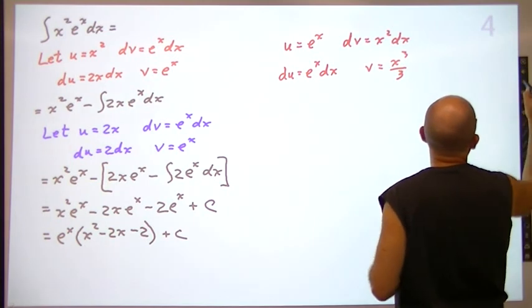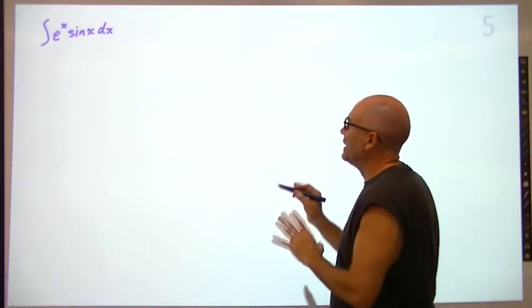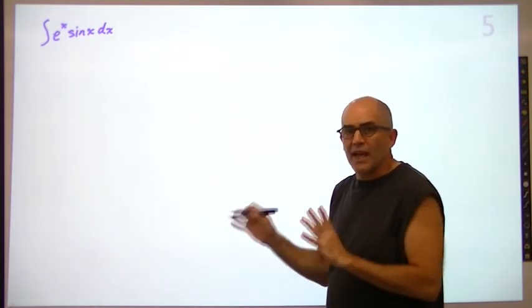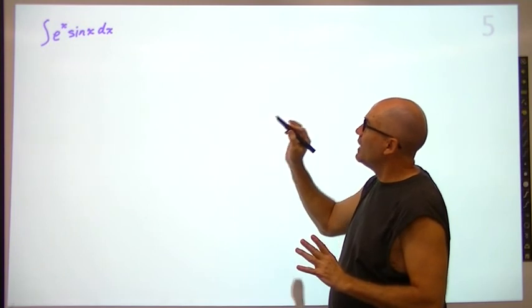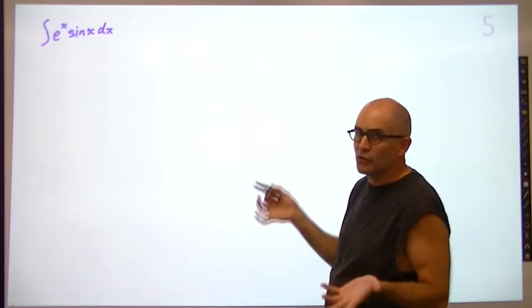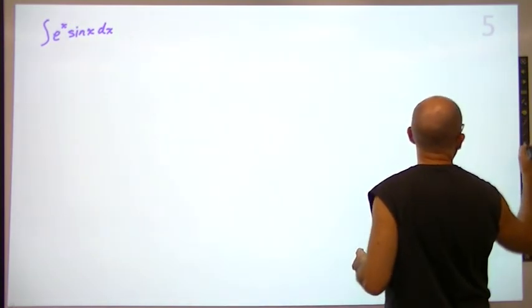Okay. Now, we have an e to the x and a sine x. Either one works for u and dv because when I integrate e to the x, I get e to the x. When I integrate sine, I still get a trig function. It's no more complicated. So I'll show you this both ways.